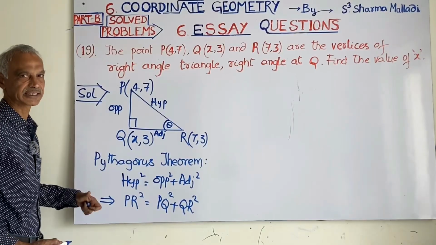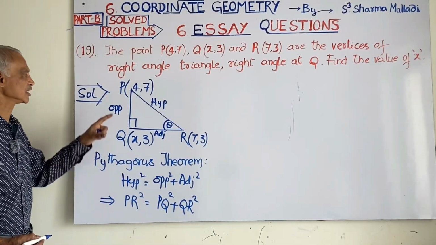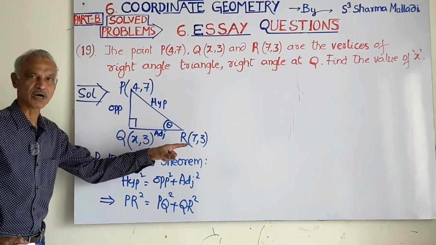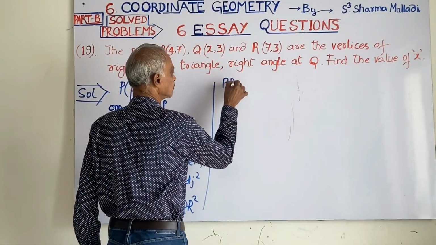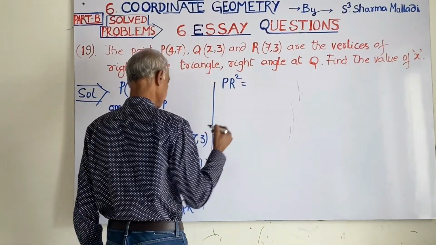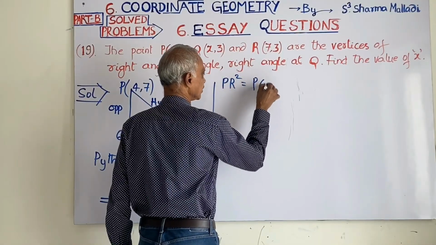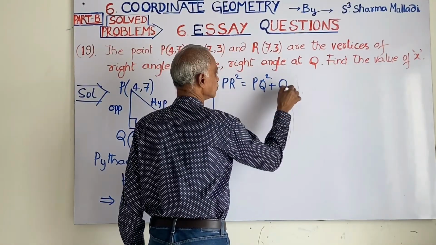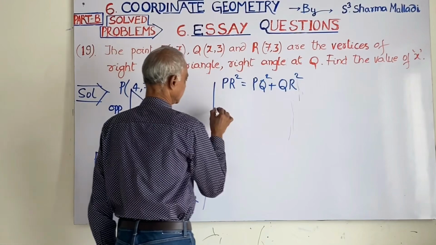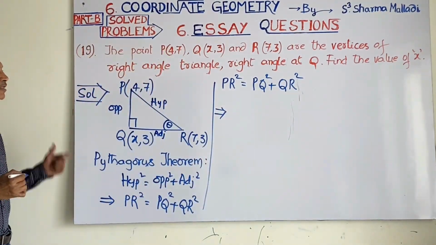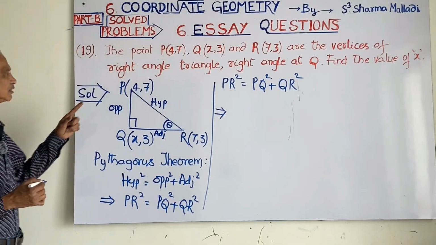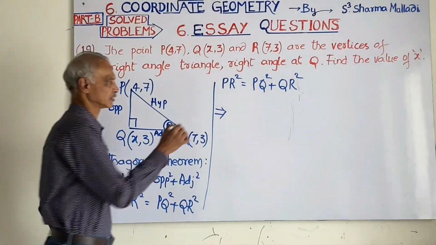This is Pythagoras theorem. PR is the distance between these 2 points. To take PR square is equal to PQ square plus QR square. Now, first you have to find the distance PR.